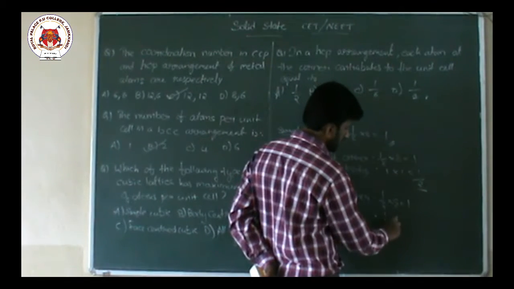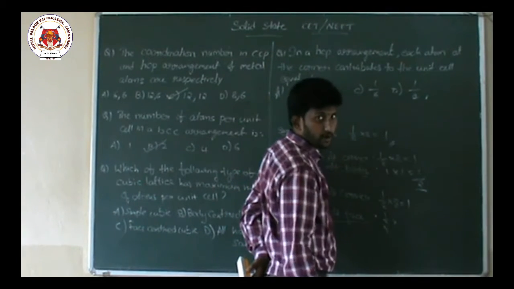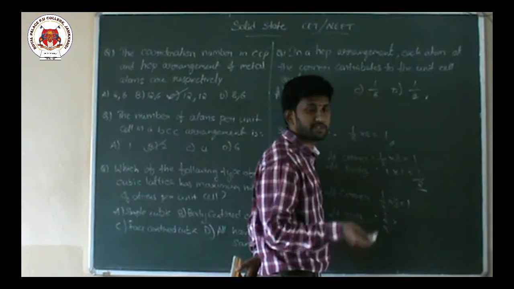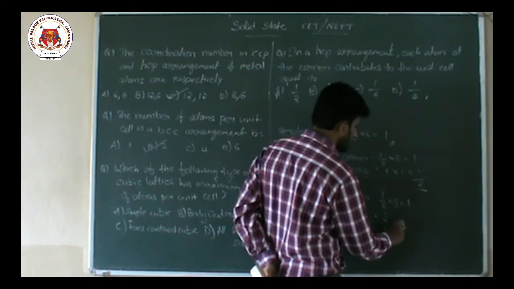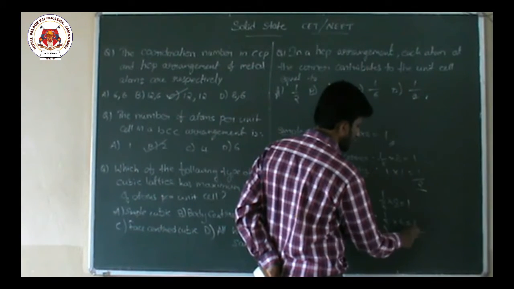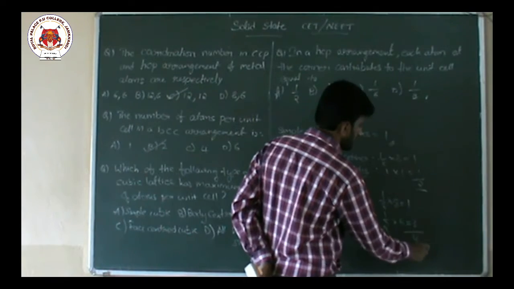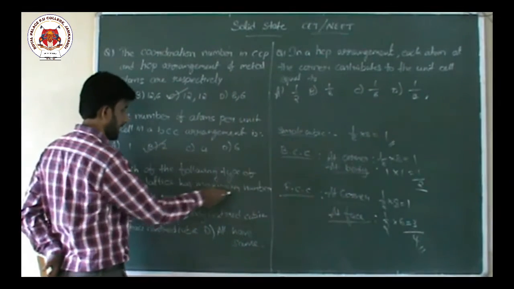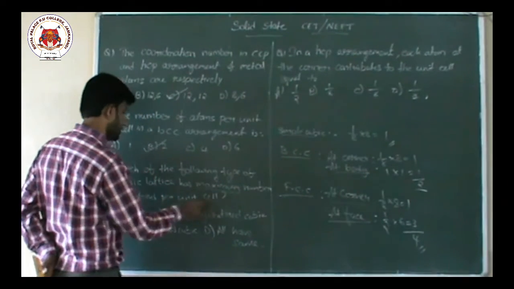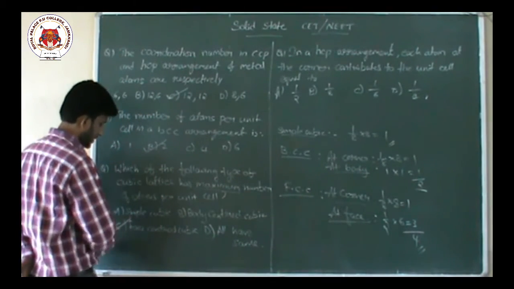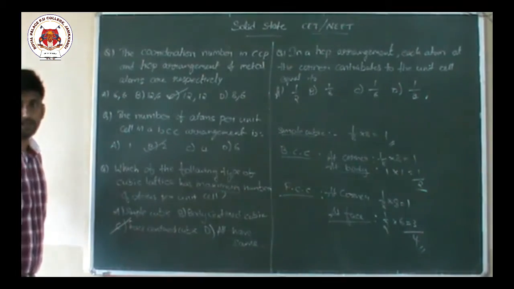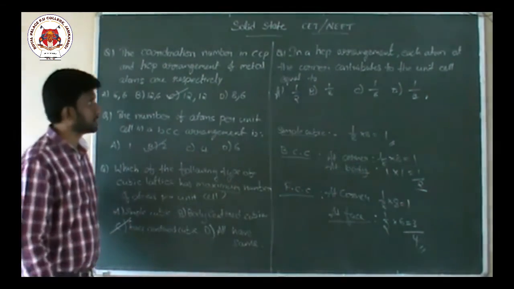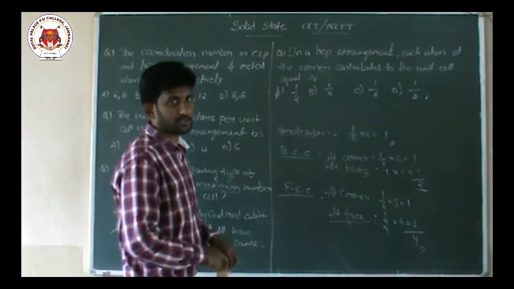So the contribution is half. How many faces are present in a cube? 6 faces. So half into 6 faces means 3. So that means 4 in total. So the one having the maximum number of atoms per unit cell is FCC, face centered cubic lattice. Next, come to the question.